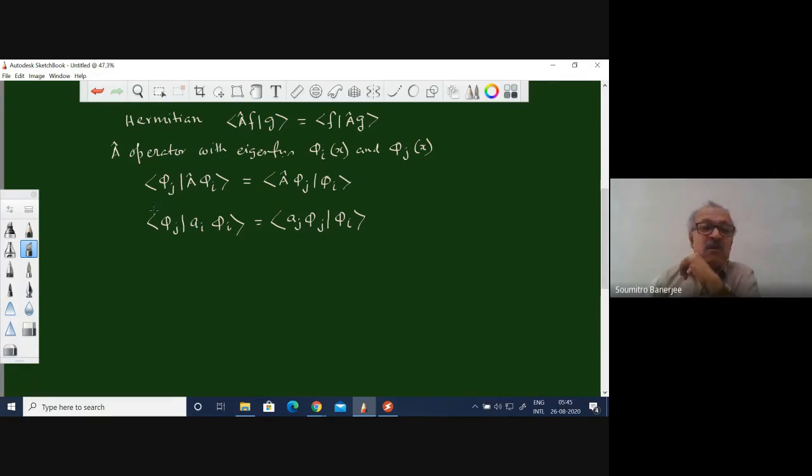Now I'll take the constants out. On the right-hand side, in the ket side, I can just take it out: it is ai <φj|φi>. On the bra side, when I take it out, it has to be conjugated: it is aj star <φj|φi>.